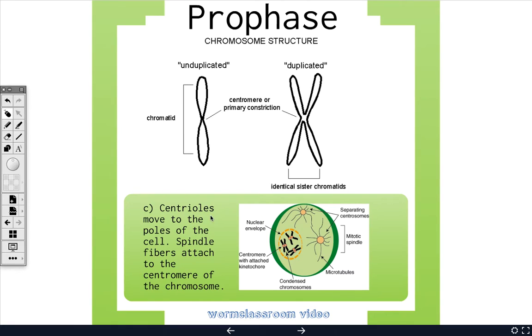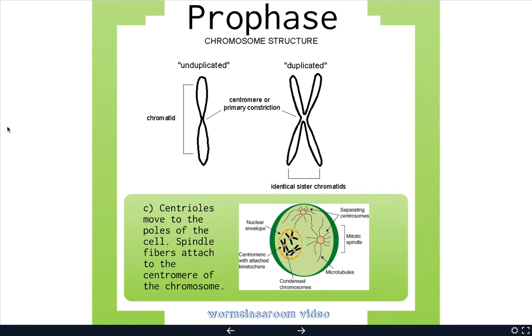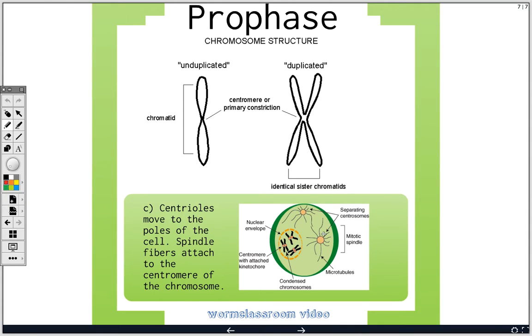The last thing that happens here is the centrioles that are sitting in the middle of our cell, and that are only in animal cells, begin moving to opposite sides of the cell. And they begin forming these fibers, which are these little lines over here.